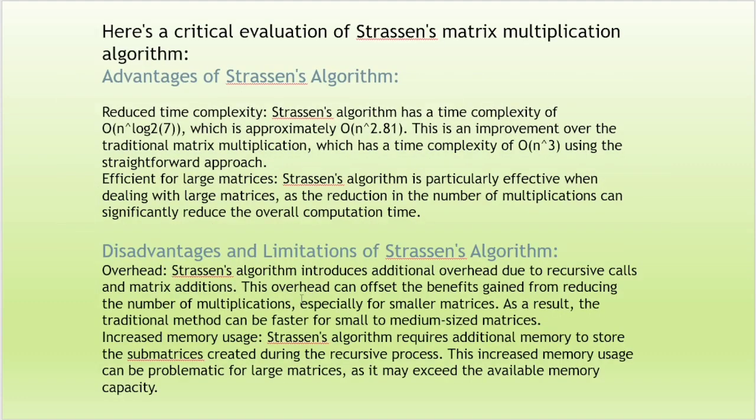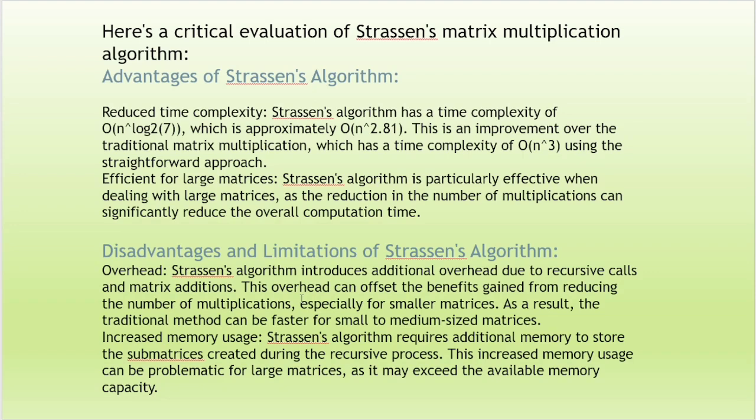Here is a critical evaluation of Strassen's matrix multiplication algorithm. The advantages of Strassen's algorithm: reduced time complexity. Strassen's algorithm has a time complexity of O(n^log2 7), which is approximately O(n^2.81).